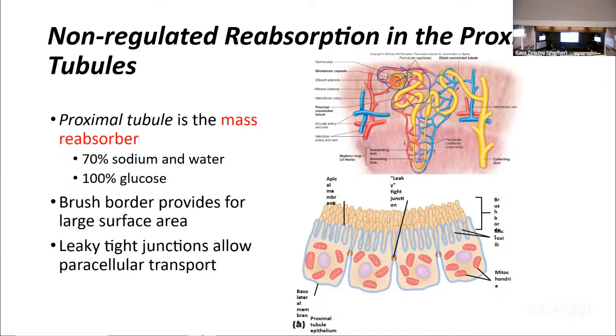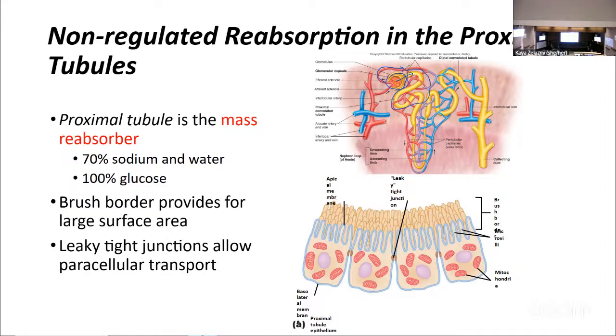We already know we don't want that to end up in our urine. So 70% of the sodium and water that we reabsorb and take back into our bloodstream is going back into the blood here from the proximal tubule. And 100% of the glucose that we're reabsorbing is going back into the blood here in the proximal tubule.